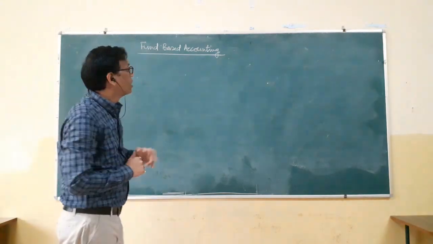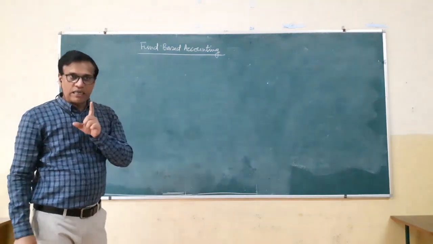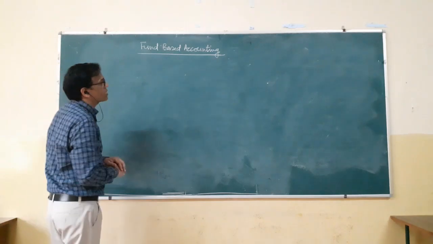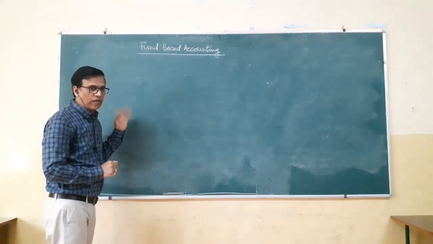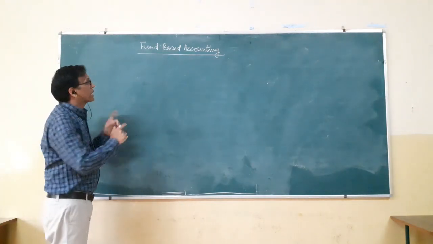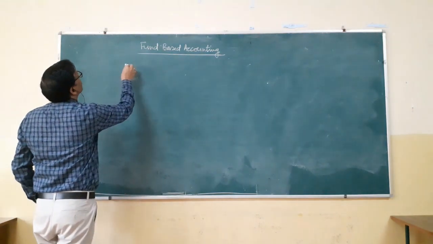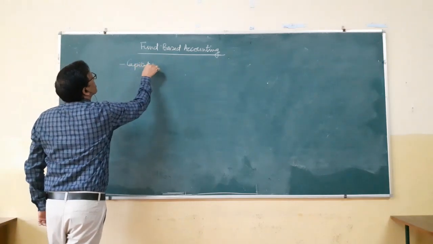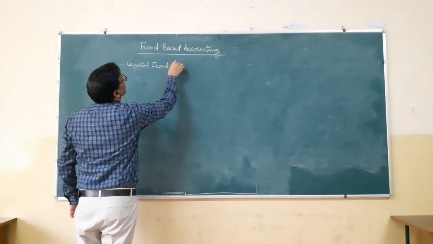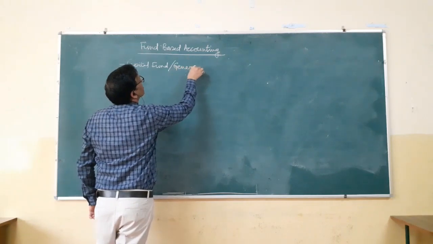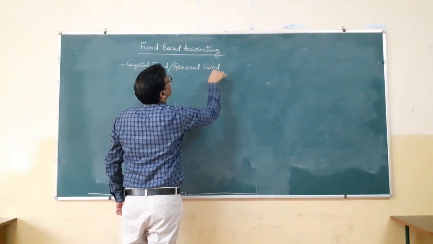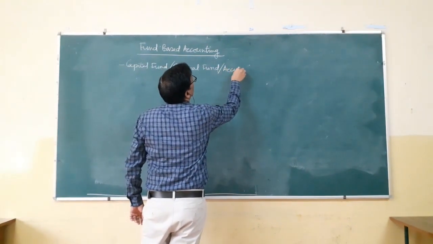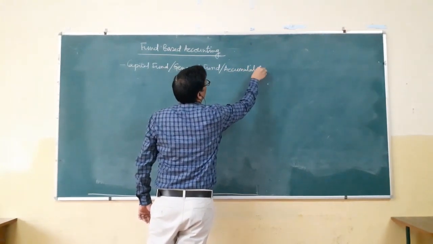These funds may be of two types: unrestricted funds and restricted funds. Commonly, the unrestricted funds are known as general fund, or the amount of capital fund what we have seen here. So these funds are of two types. Number one, capital fund or general fund that we have seen. This is also known as accumulated fund.